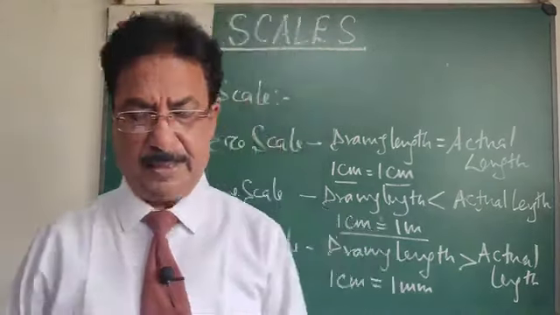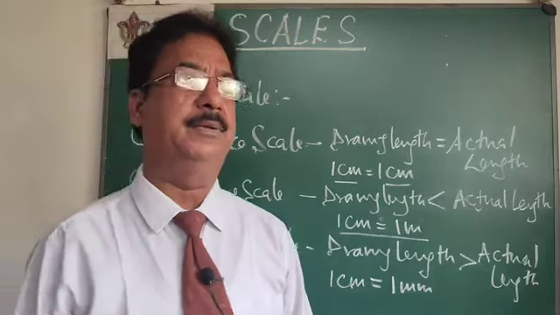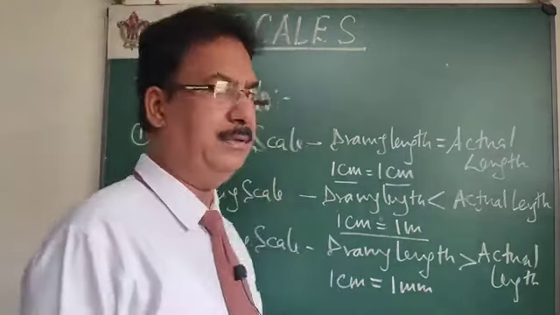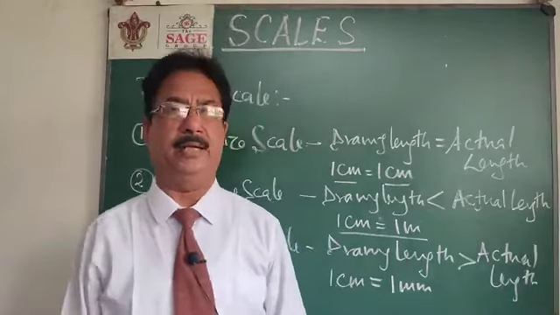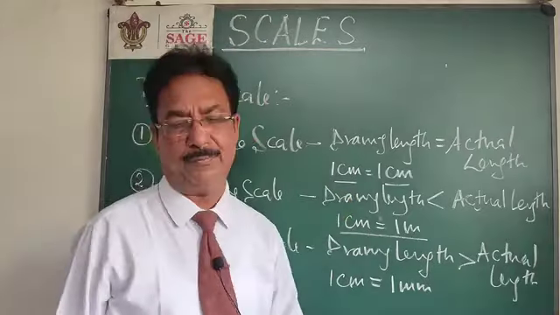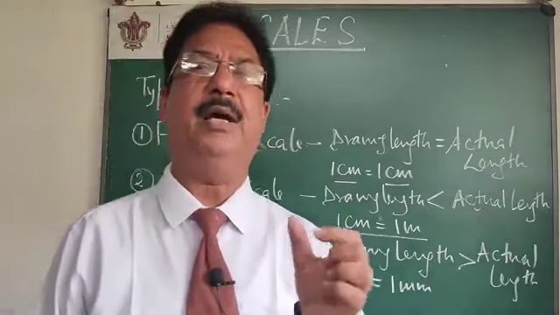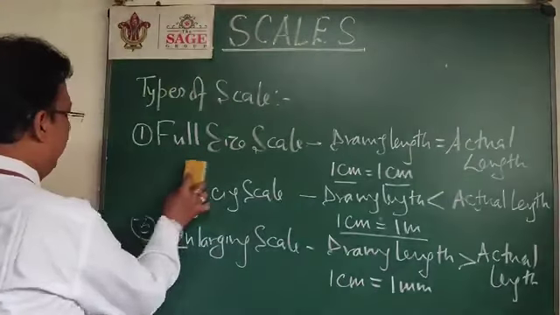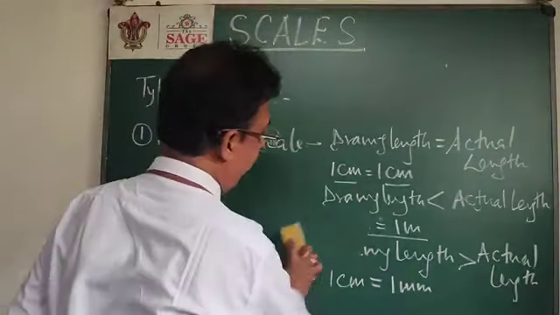Now apart from that, there are 3 more ways to represent these scales. One is known as engineer's scale. The proportion which I have shown right now, 1 centimeter equals 1 centimeter, means we are representing our scale in numerical form, and that is known as engineer's scale.